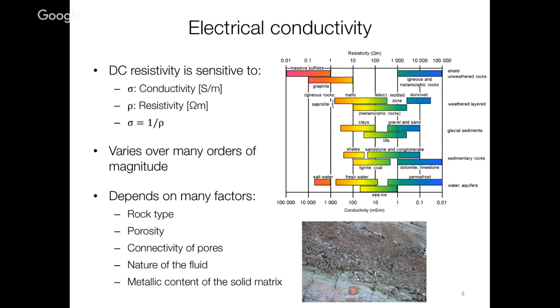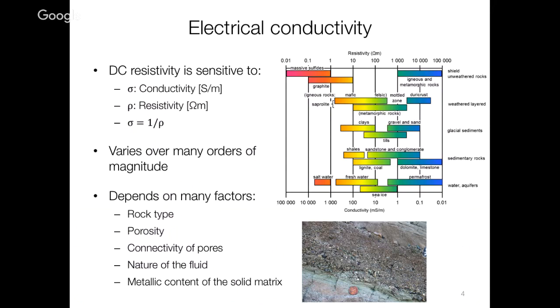In order to conduct electricity, we have fluids. How things go depends upon the pore structure, how they're connected. And then whether the fluid is salty or not. And then there's the solid matrix.